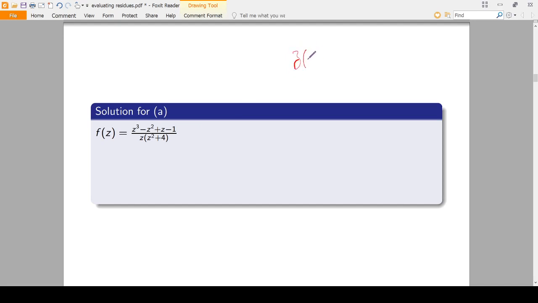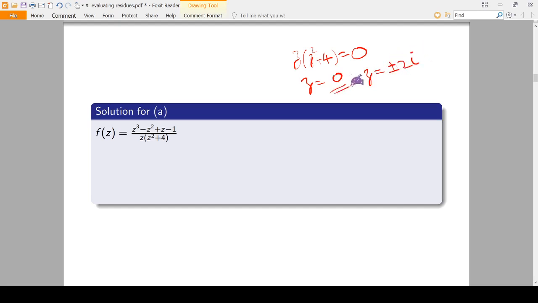Equate the denominator to 0. Z into z squared plus 4 is equal to 0. So z is equal to 0 and z is equal to plus or minus 2i.